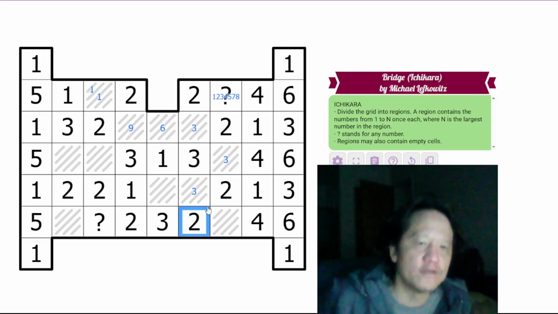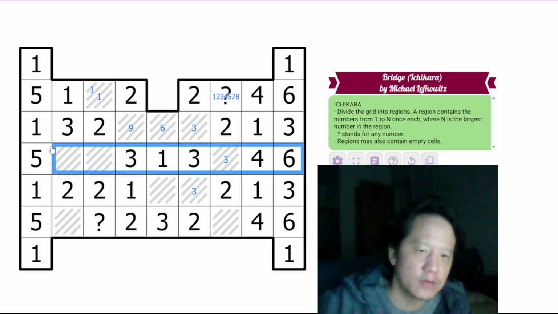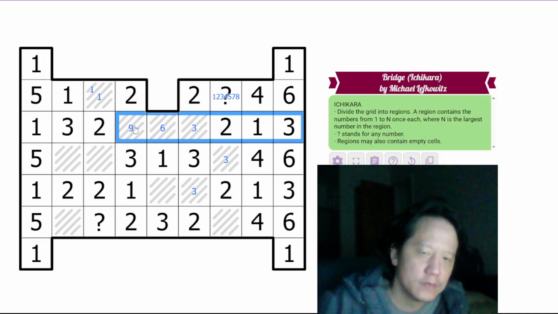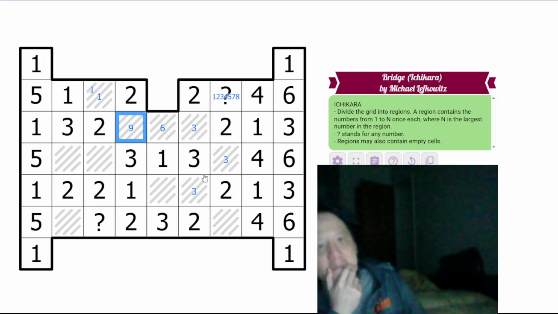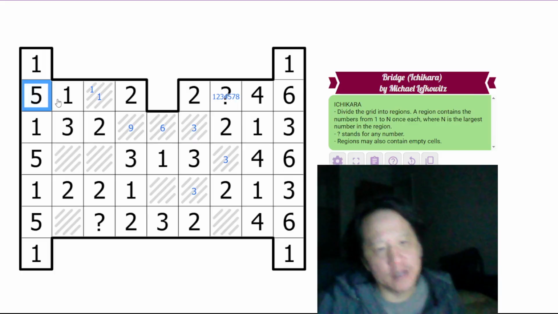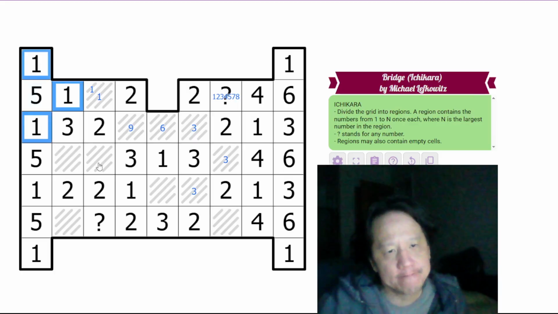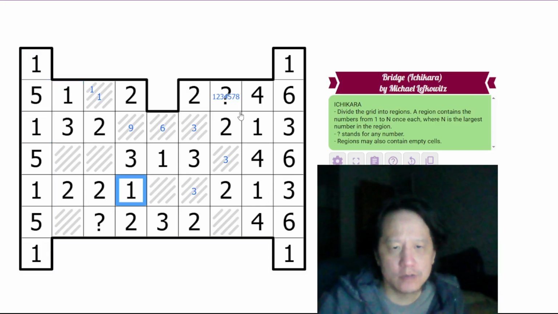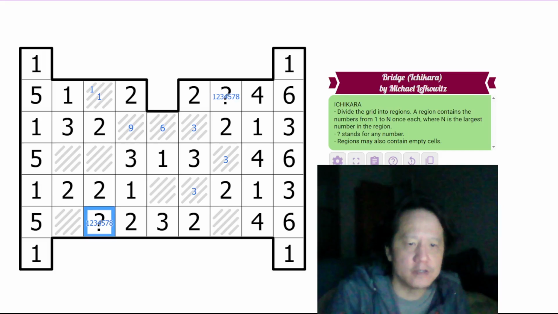Can you ever have all 3 6s going all the way across? I don't know. This 5 only is accessed through 1. So, can you have... Okay, so this is 1, 2, 3, 4, 5, 7, 8.